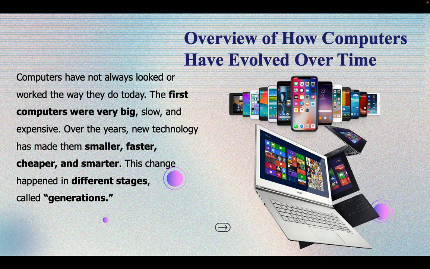These changes that occurred along the line, the innovations, the changes in technology, the changes in how computers process data, the changes in the devices along the way to enhance the performance of the computers, to make them cheaper, to make them faster, to make them more compact. These different stages are what we refer to as generations.